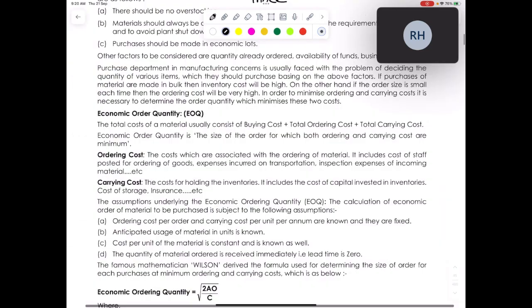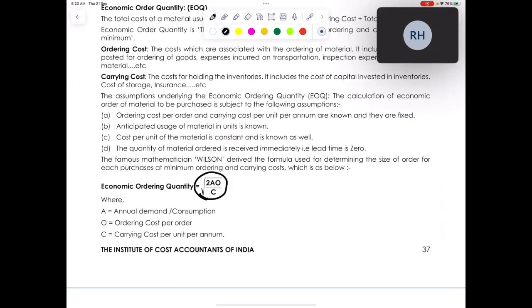Just check it. 2AOC, in which A stands for our annual requirement of raw material, O stands for the ordering cost per order, and C stands for how much cost we require to carry, hold and store one unit of raw material, 1 kg of raw material, that is, the holding cost. That is known as EOQ.